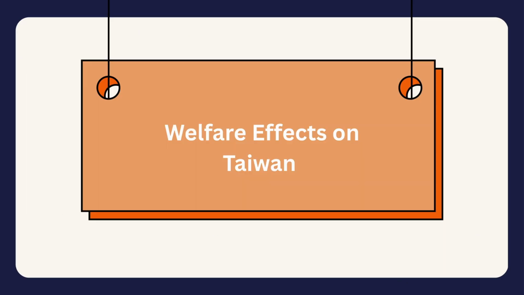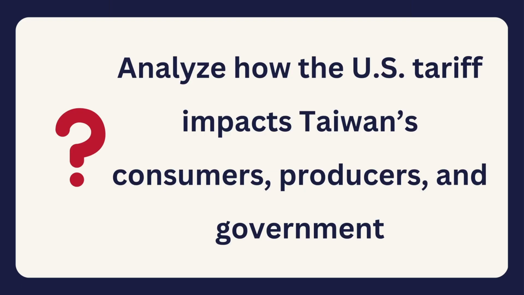Welfare effects on Taiwan. Analyze how the U.S. tariff impacts Taiwan's consumers, producers, and government. The U.S. tariff makes Taiwanese goods more expensive in the U.S., so Taiwan's export quantity falls. This mainly harms Taiwanese producers who receive a lower price and earn less.